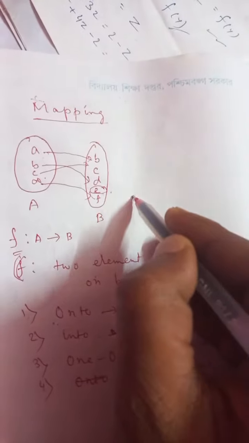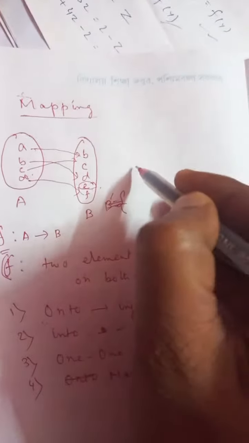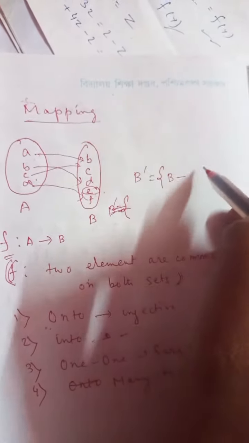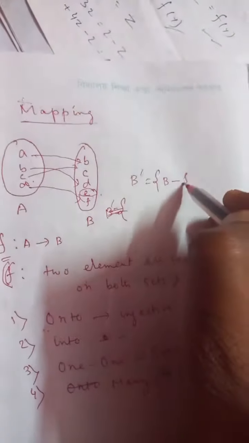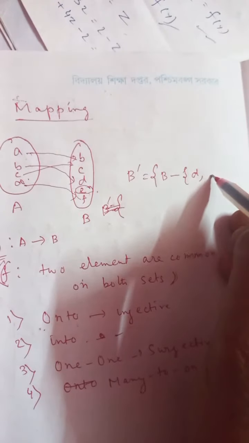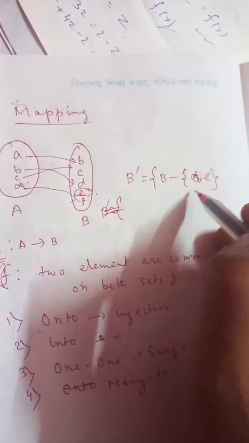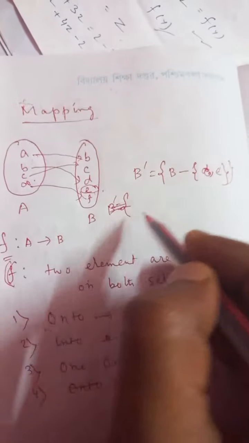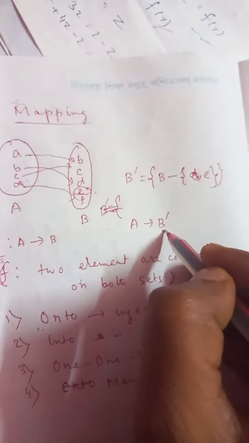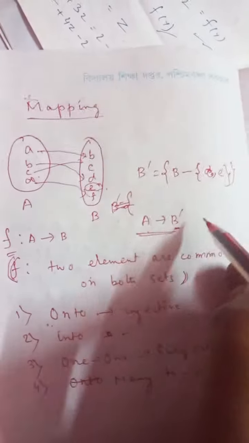And if we take in this way a set B dash, formed from B by not considering the element E, so B dash has D and F. Then in A to B dash, B dash now has all the elements which have a pre-image in the set A. So this is now onto mapping.